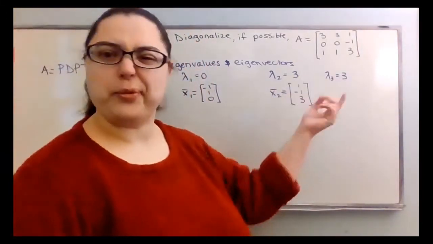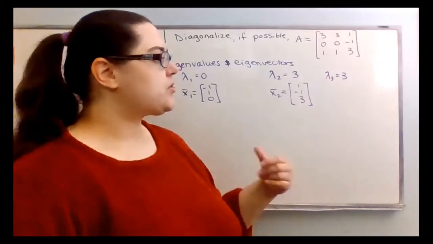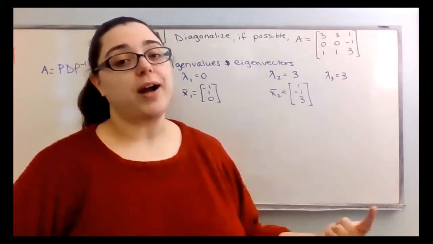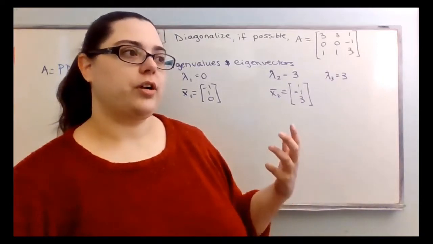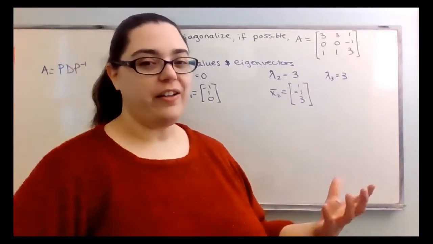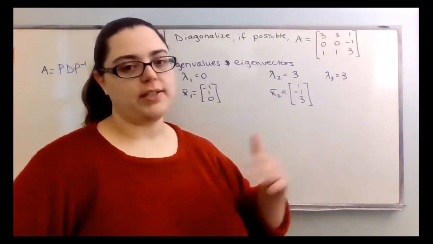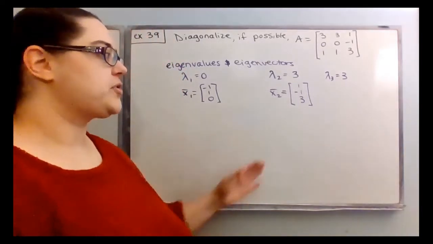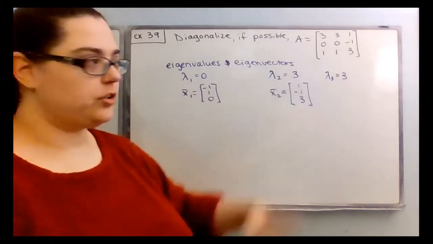So kind of like having a double root, right? So when that happens, you can get one eigenvector or two eigenvectors. So if your eigenvalue has a multiplicity of 5, you could have anywhere from 1 to 5 eigenvectors. In this particular case, we only ended up with one eigenvector.